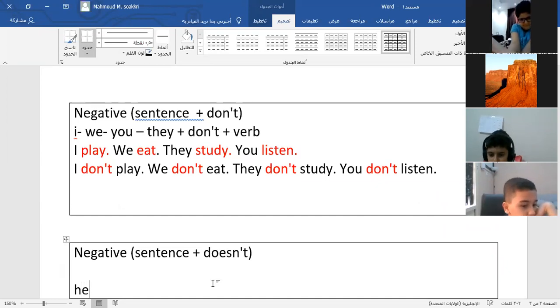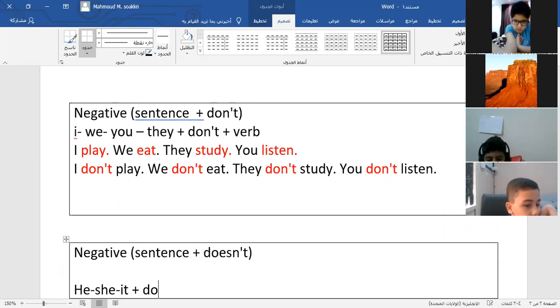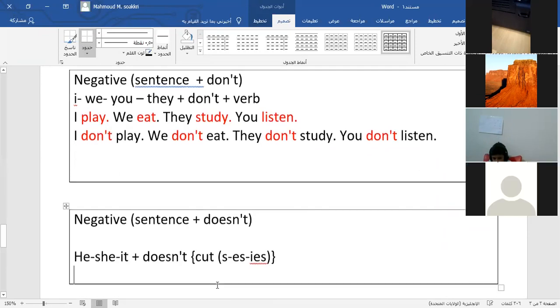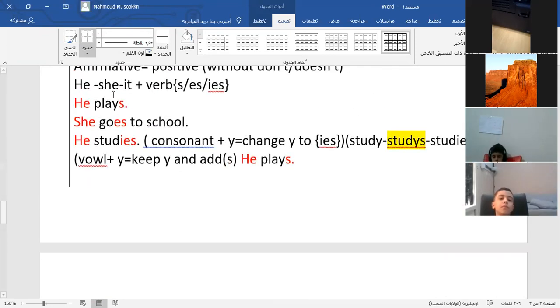The rule says with he, she, or it, use doesn't and cut the final S or ES or IES. Let's take examples. We are going to take this example.